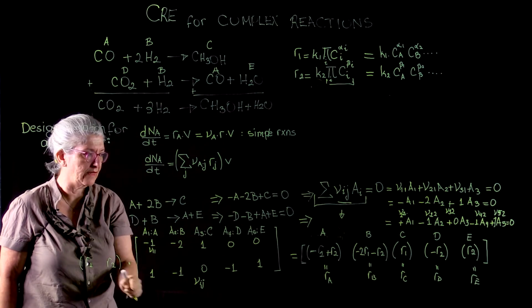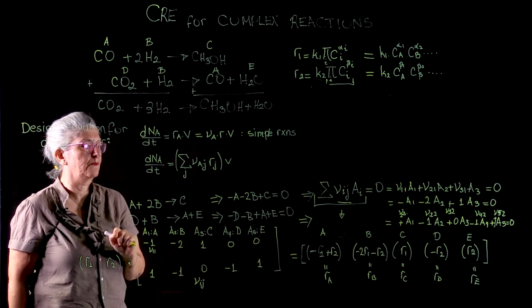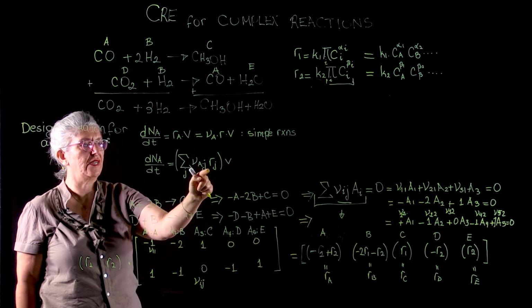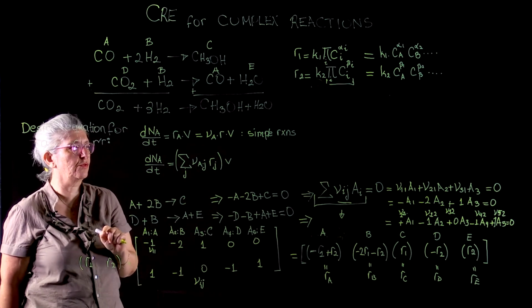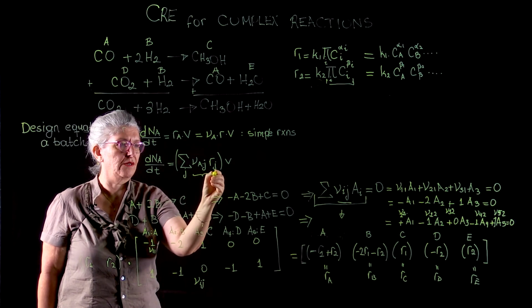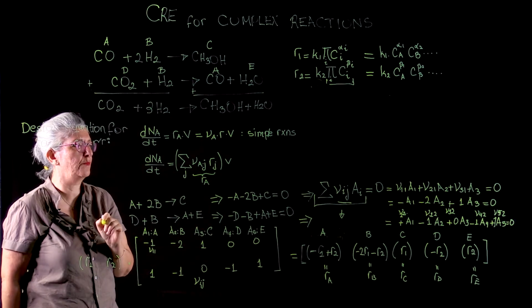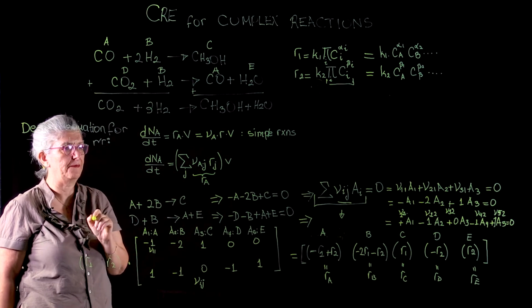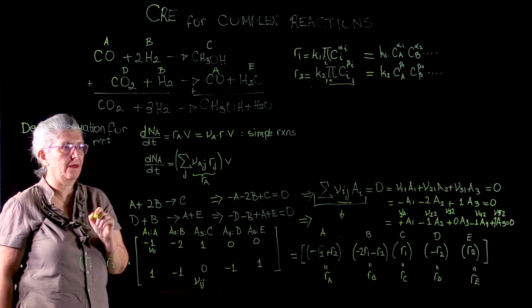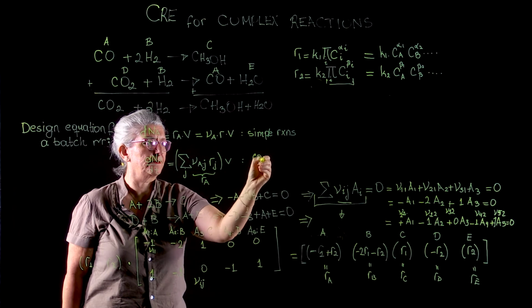It is this vector that I'm talking about, right? nu_AJ times R_J is equal to R_A. This whole term is equal to R_A. So this is for the complex reactions.